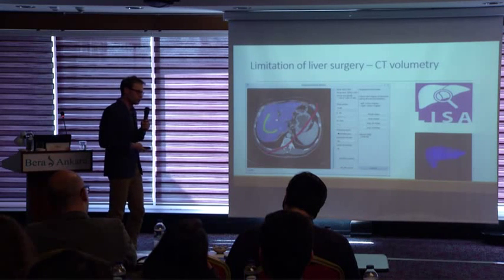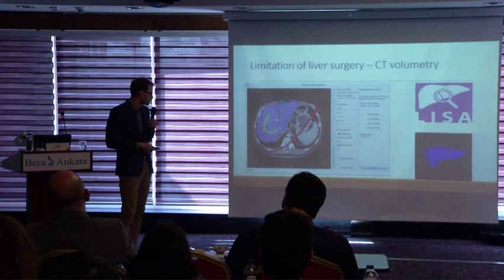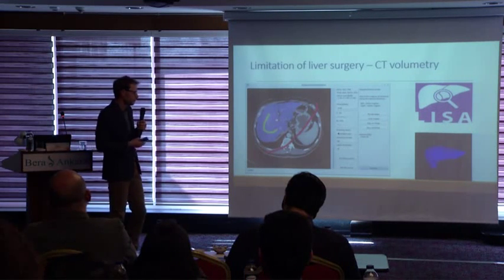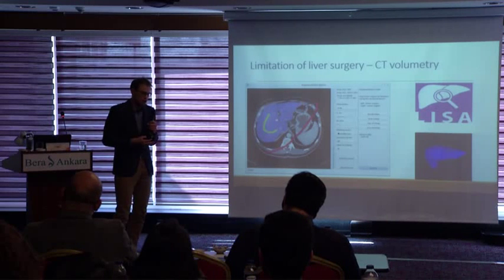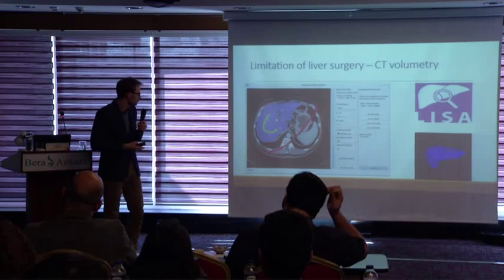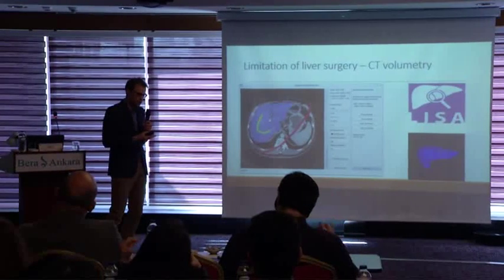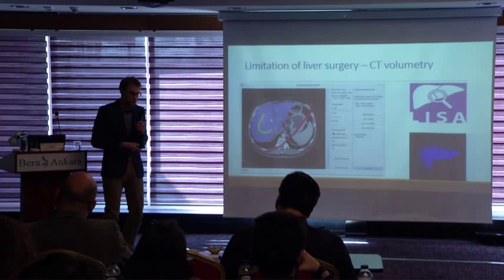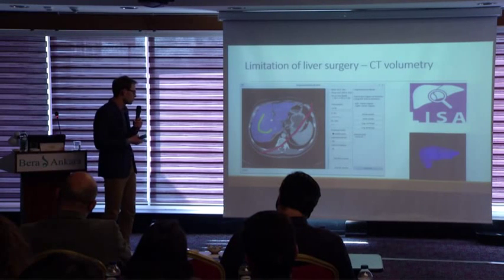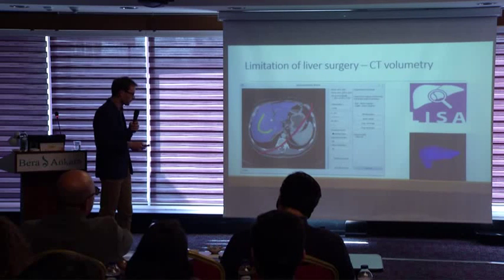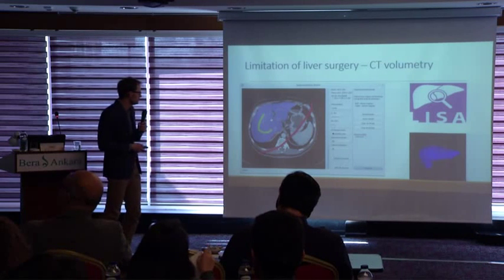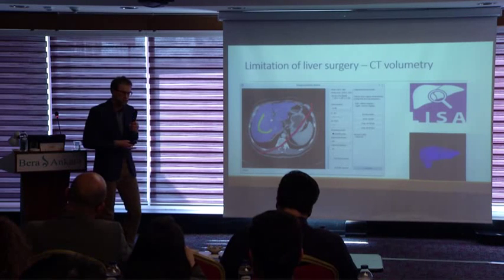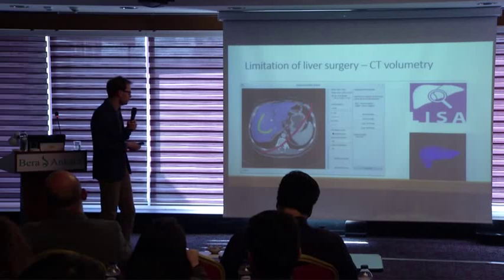So with our colleagues from the West Bohemia University, we tried to develop a system that will be able to calculate this liver volume, but we would also like to use it, for example, for teaching students, and for planning liver resection depending on the vascular tree in the liver. About LISA, you will see a special presentation tomorrow, and you will have a possibility to try to work with this LISA system.